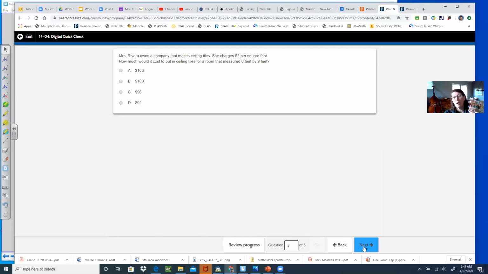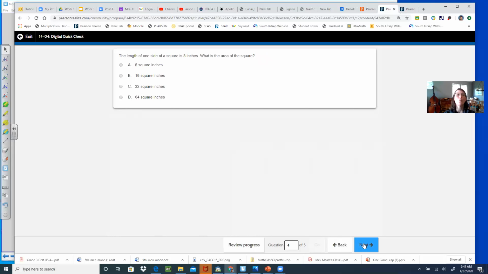Remember, 6 and 8 go on a date, they come back with... Okay, so now you have just figured out how many square feet that ceiling is, but you have to remember, you're going to multiply that by 2, because you need to find the total cost. So once you've done that, it's either going to be 106, 100, 96, or 92. And if you need to rewind and listen to that hint again, then do so. Don't just play eeny, meeny, miny, moe.